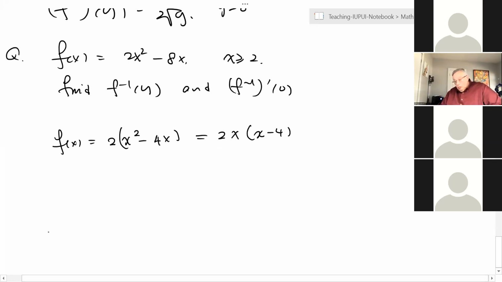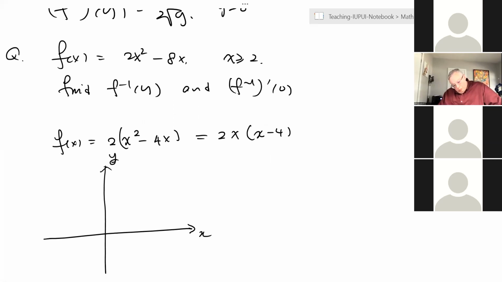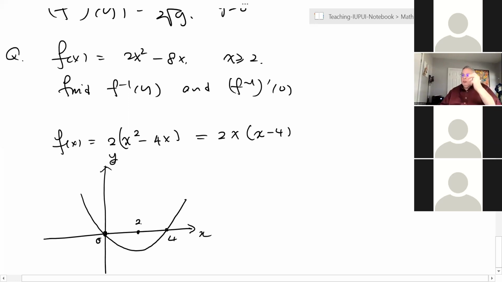Okay, let's draw the graph. This is a parabola, opens upward, right? And here's 0, here's 4, and this will be 2.